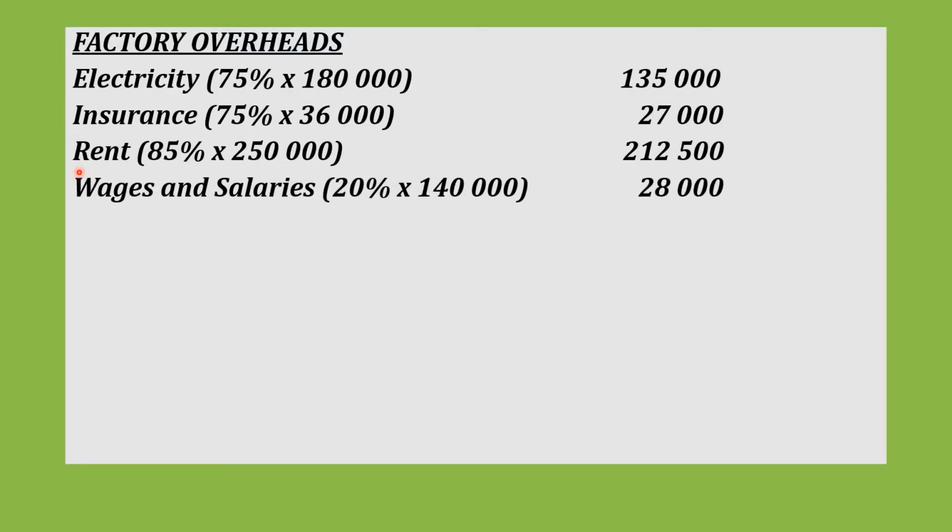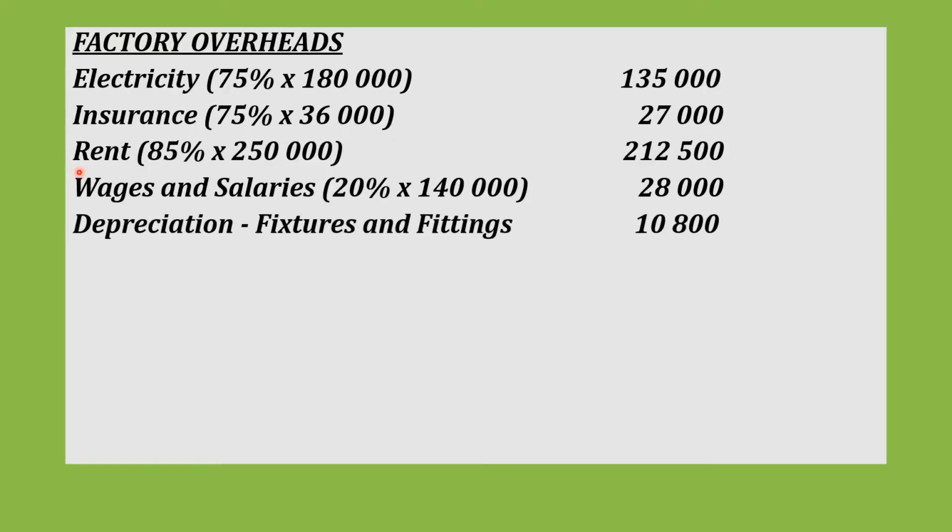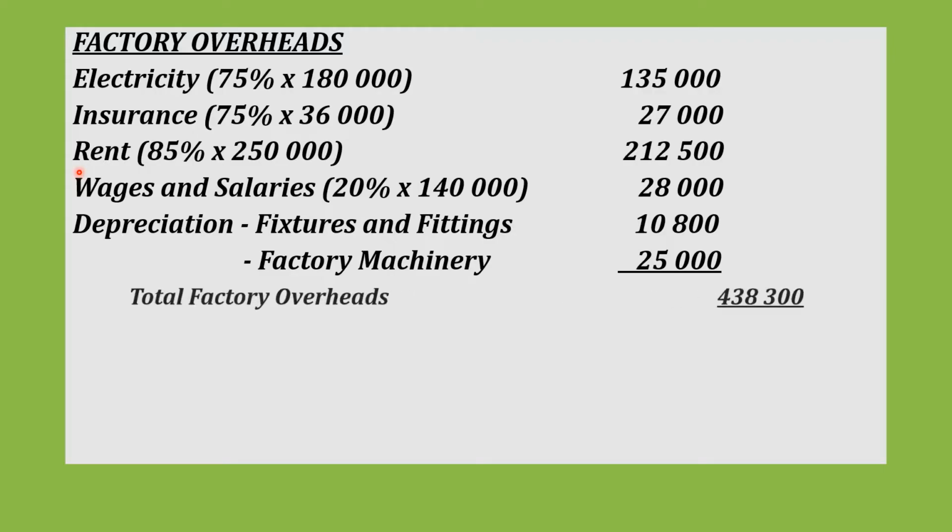Wages and salaries, 20% of 140, gives us 28,000. Depreciation on fixtures and fittings, from our workings, 10,800. Factory machinery depreciation 25,000, again from our working. So we get total manufacturing overheads of 438,300. Add that to our 540,000 of prime cost.